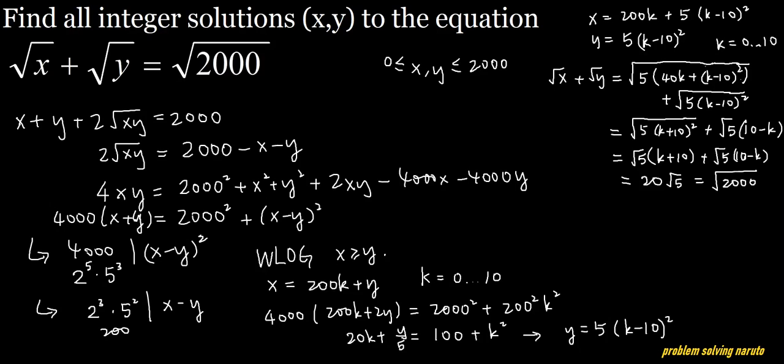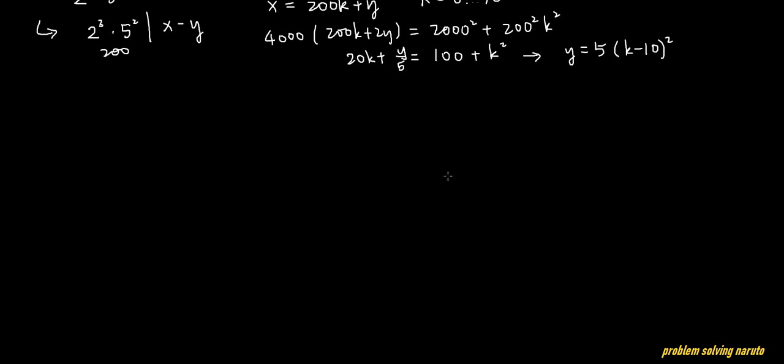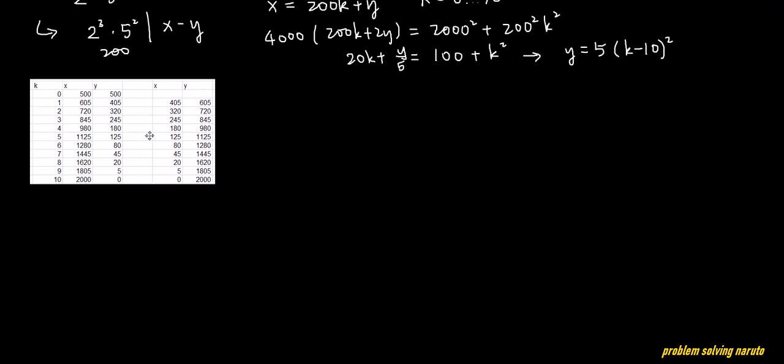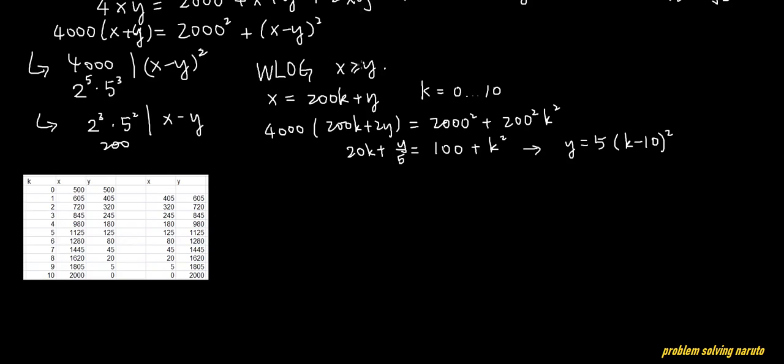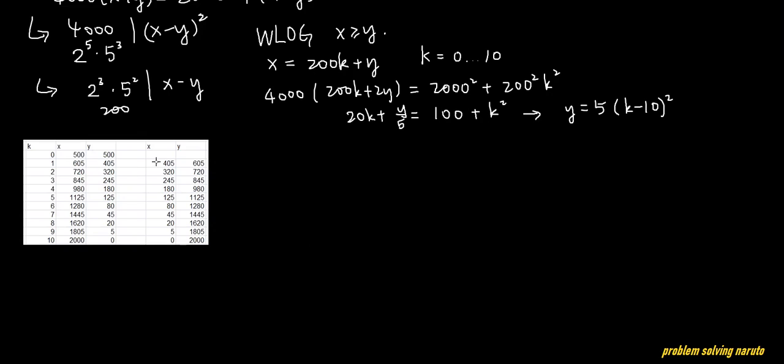Luckily this is not a competition, so I can use Excel to quickly calculate all the numbers. If you plug in k equals 0 to 10, you get this solution. But remember, we assumed x is bigger than y, but in fact x can be smaller than y. So I just swap the values to get the other solutions. Altogether we have 21 solutions.